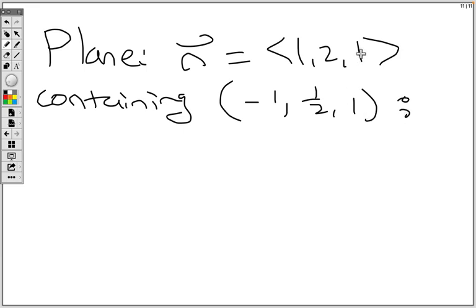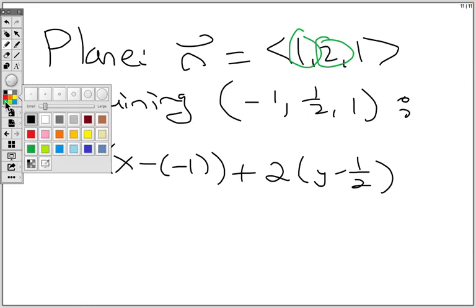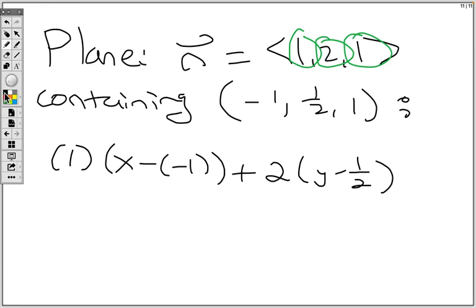So I go back to my formula here. I'm going to take the x component of the normal vector times x minus the x coordinate of the point, plus the y component of the normal vector times y minus the y coordinate of the point, plus the z component of the normal vector times z minus the z coordinate of the point, and set all that equal to 0.